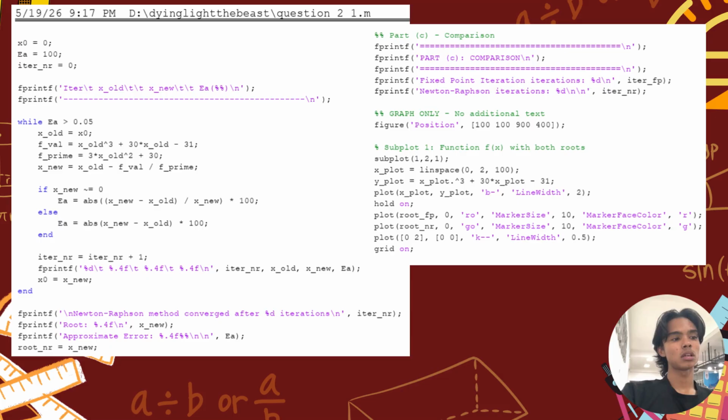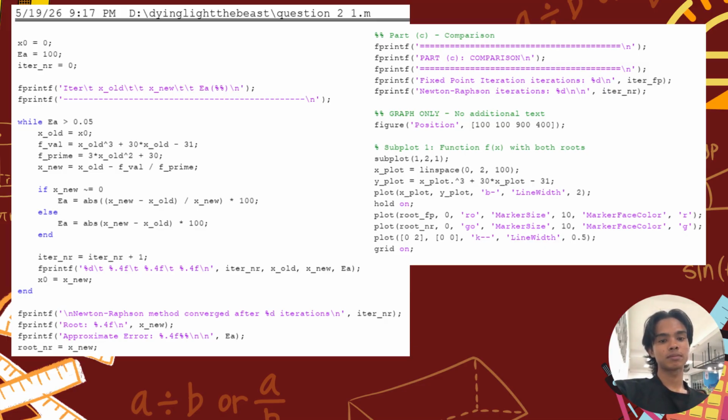Here we got the code for the second part, which is part B, and then finally we have the code for comparison between fixed point iteration and Newton, and then we have the graph for both.